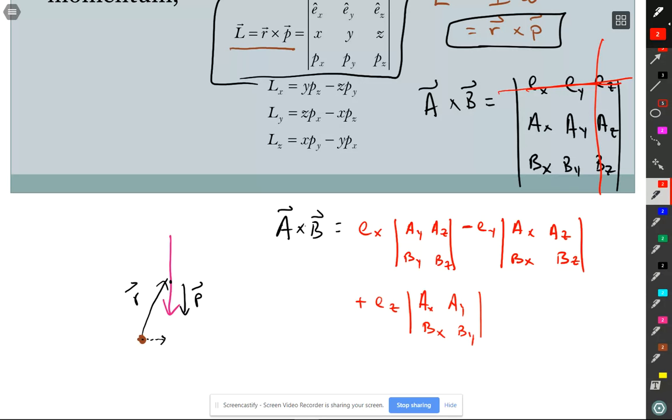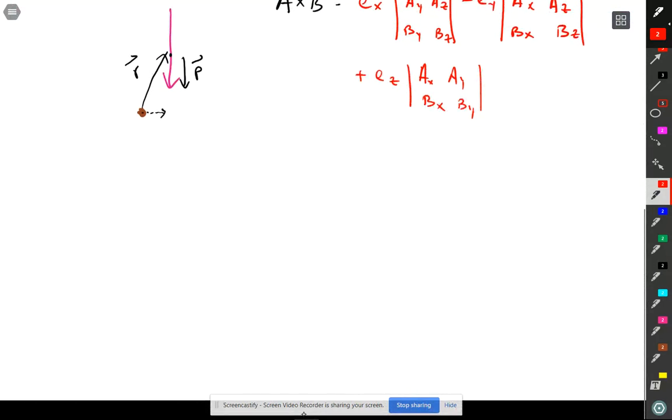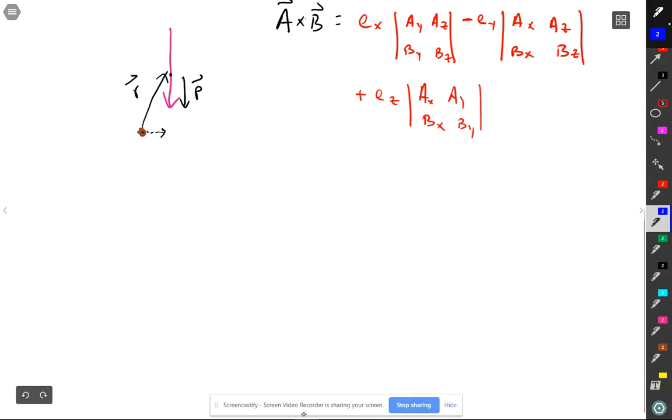So that's generic. That's not what I want to do here. I want to do specific. And so I have the determinant written out here that I'm going to actually do. Using exactly the same ideas: E x, E y, E z, r x.